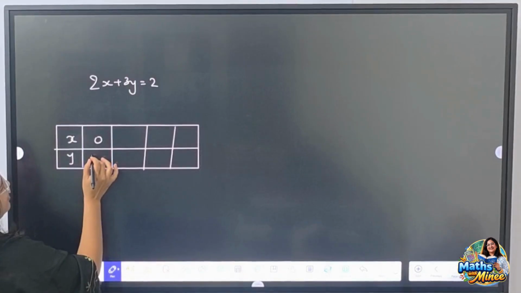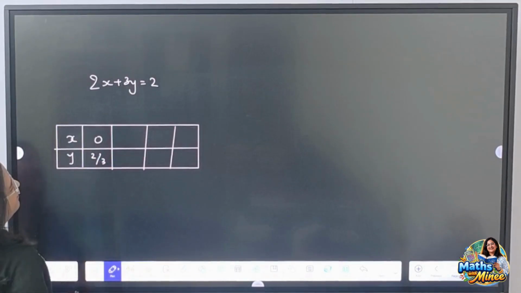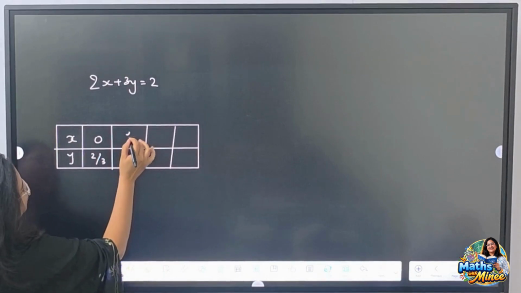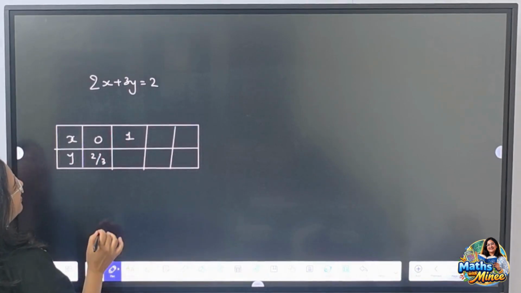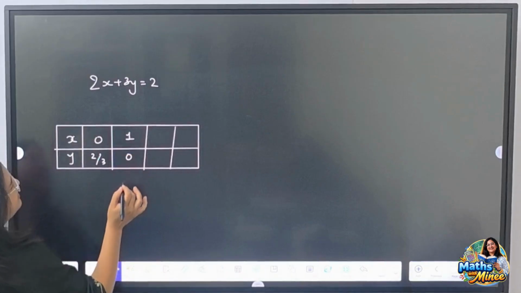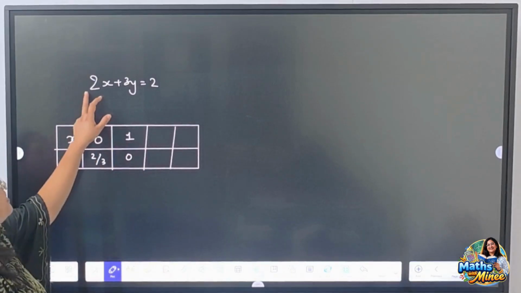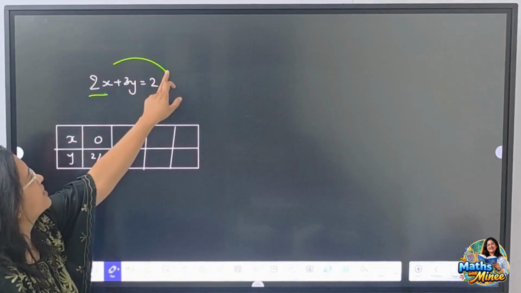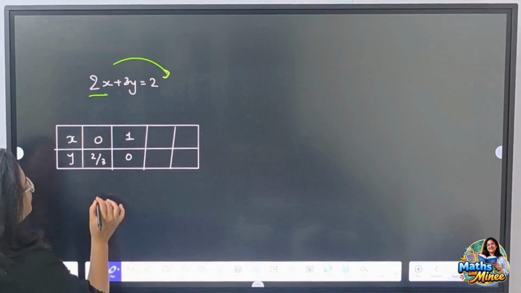So the value of y will be 2 by 3. When you take the value of x as 1, so the value of y will be 0, right? Okay, 2 ones are 2. 2 minus 2 is 0.